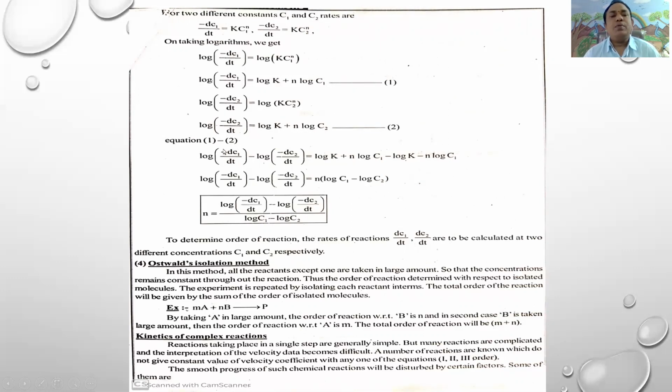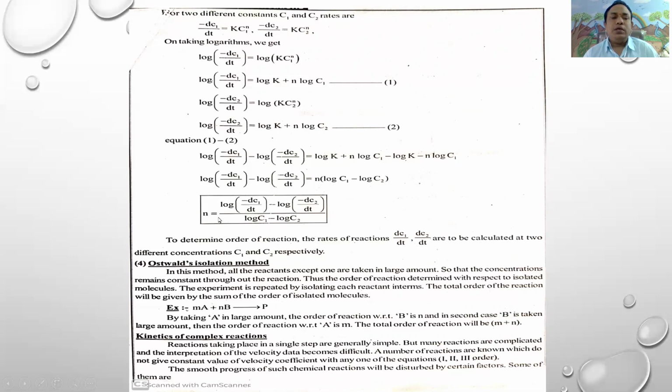Subtract equation 2 from equation 1. Then log(minus dC1 by dt) minus log(minus dC2 by dt) equals log K plus n log C1 minus log K minus n log C2. That implies log(minus dC1 by dt) minus log(minus dC2 by dt) equals n, taking n common, (log C1 minus log C2).